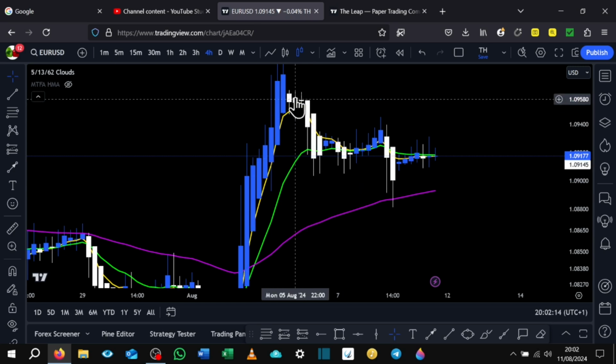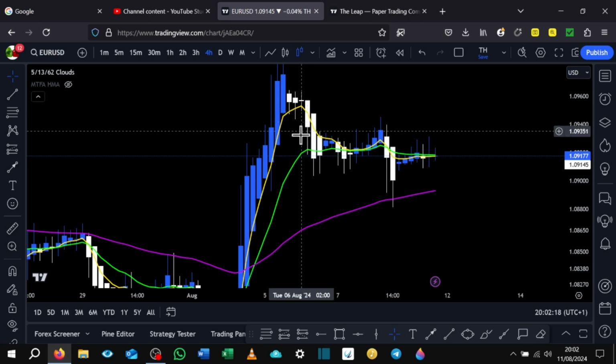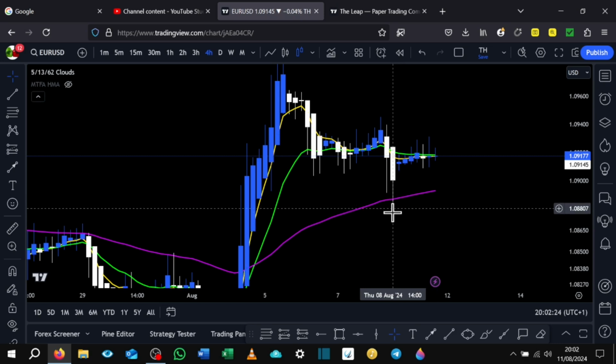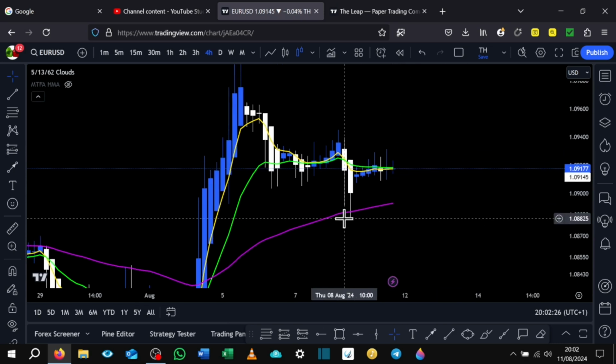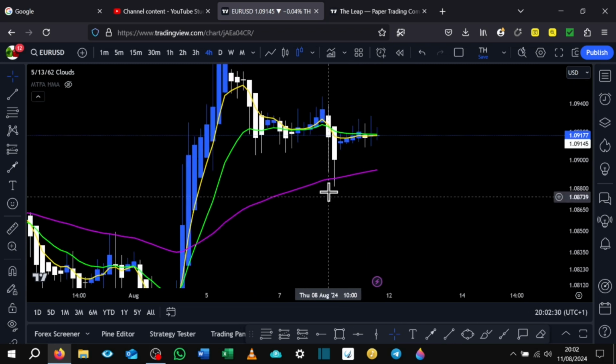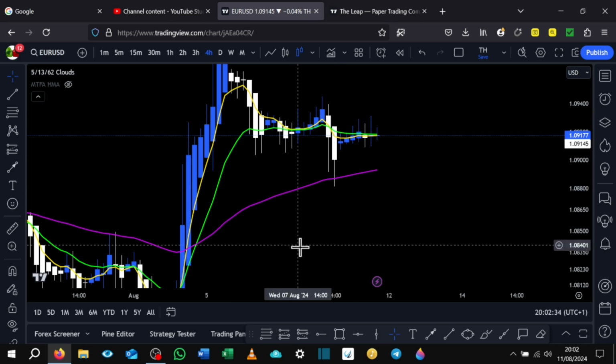And then as you can see, the 5 and the 13 has crossed. So you could have sold here, take profit at the 62 EMA. It's actually tapped the 62 EMA, and then potentially we're going to go on a bullish run. So if you had an alert for the 62 EMA to go off, you could have bought there as well.